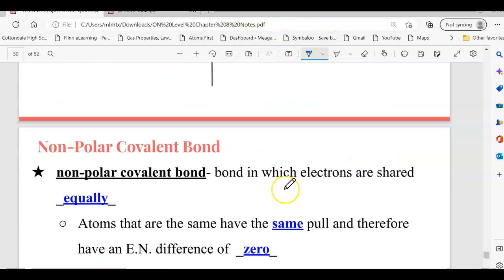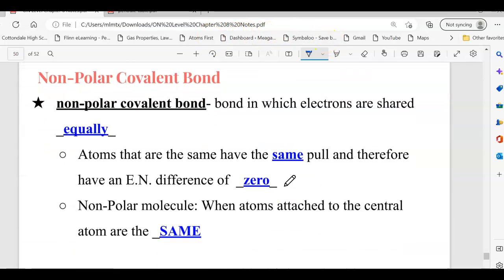Let's compare that to a nonpolar covalent bond. A nonpolar covalent bond is where the electrons are shared very equally. For example, if we had chlorine bonded to chlorine, and remember I'm using the electrons here instead of using the line so you can see the electrons.